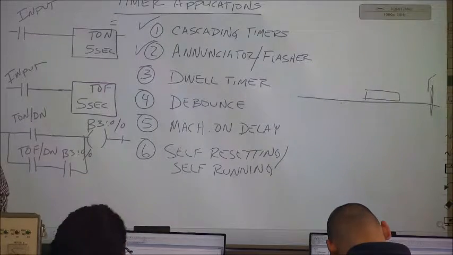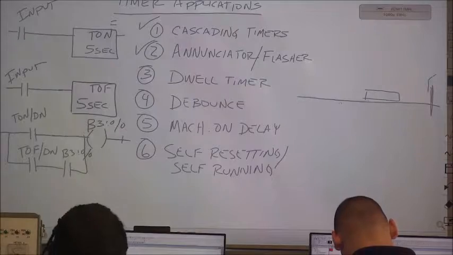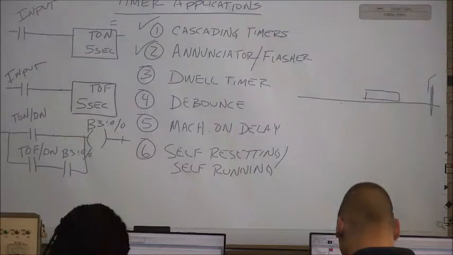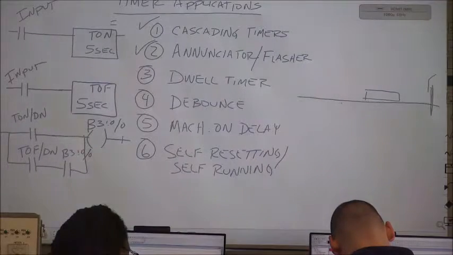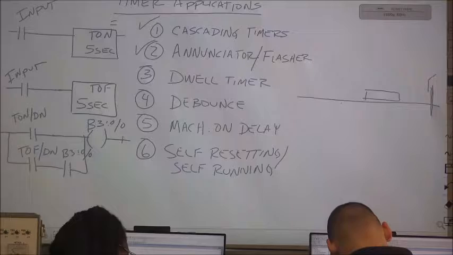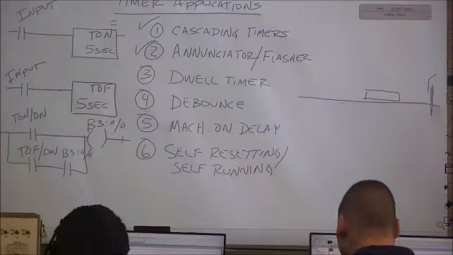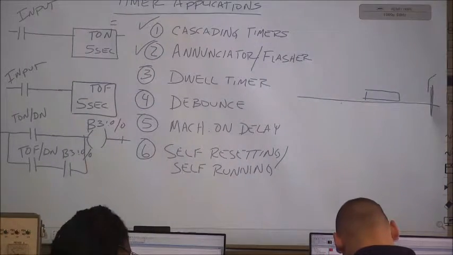See what's happening there? It's kind of hard to understand. A lot of people don't understand it. The TON instruction, what it's doing is once that input's made, it has to be made for 5 seconds. That means we know for darn sure that it is 100% made, right? It's solidly made. Make sense?